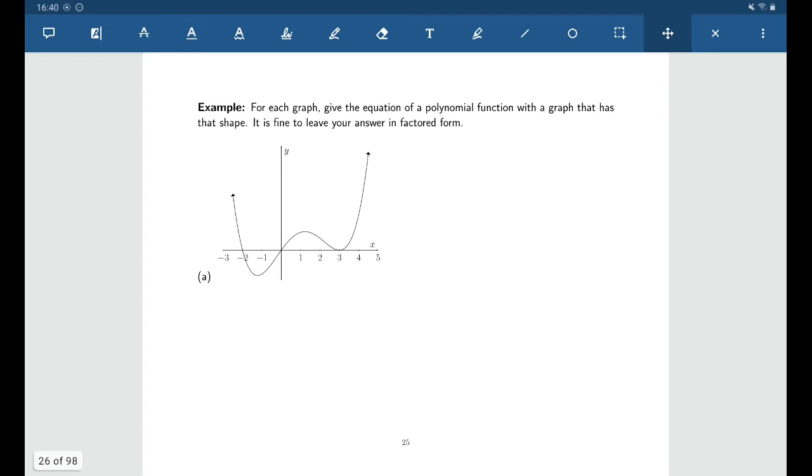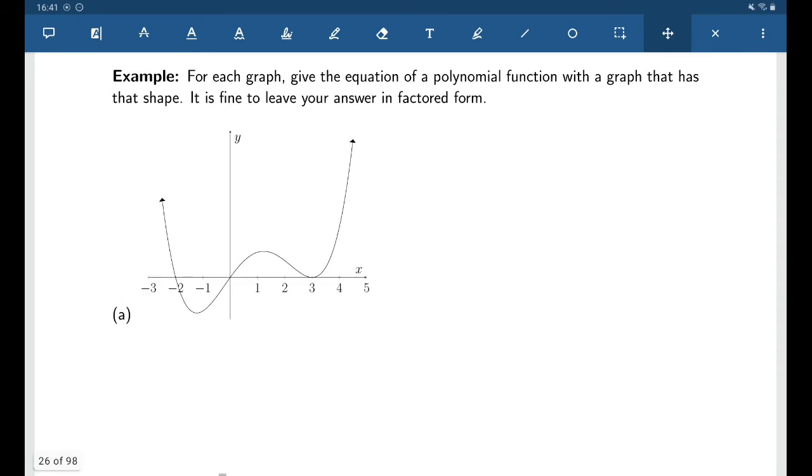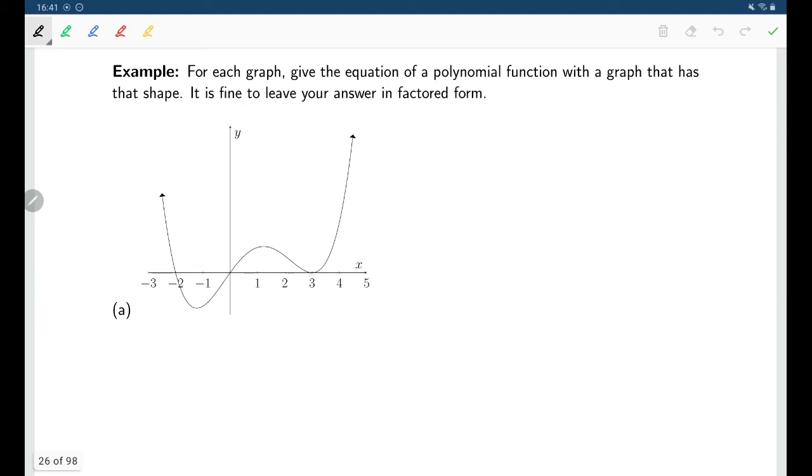Okay, so the last one that I want to do here is kind of going in reverse. This is starting out with a graph and then coming up with a polynomial function that would have that graph. So a couple of things that we'll need to think about here would be, number one, where are the zeros and what's the behavior at those zeros?